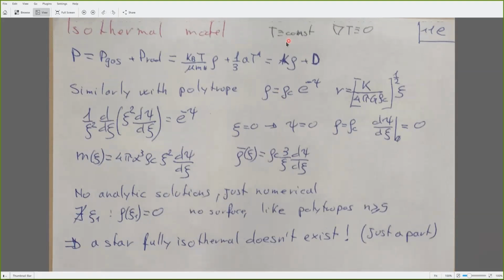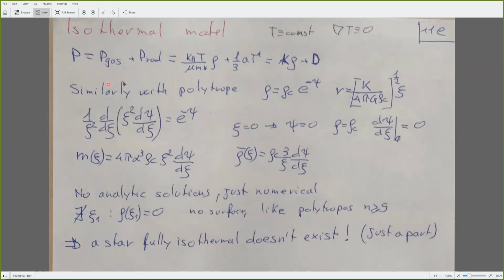Another interesting case is the isothermal model. When the temperature is constant, the gradient of the temperature is 0, you have no gradient inside the star. That should also mean that you have no flux of radiation, because if you have no gradient of temperature, you have no radiation, as we saw previously.